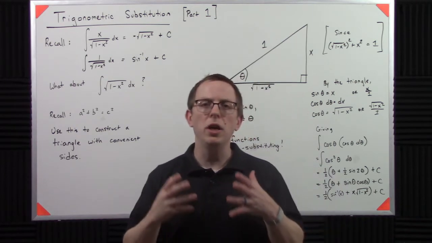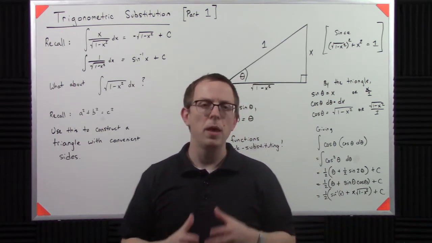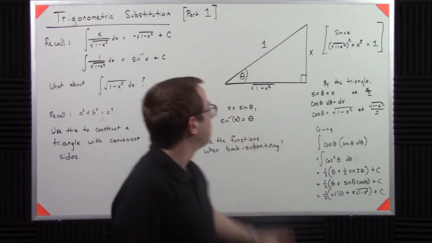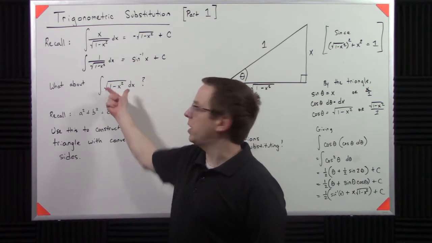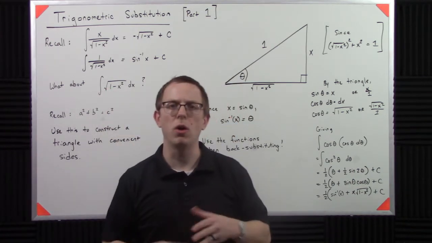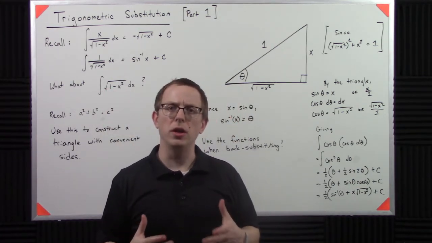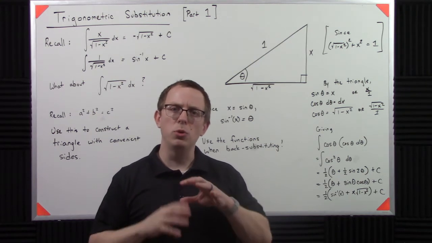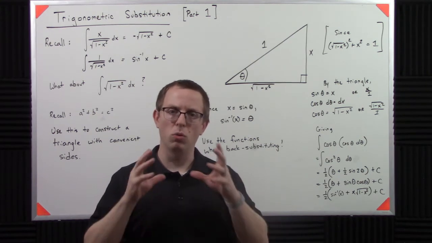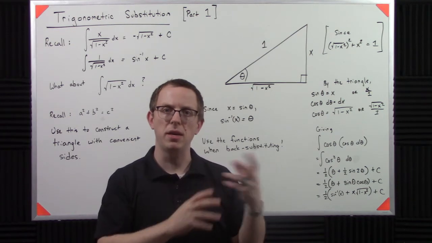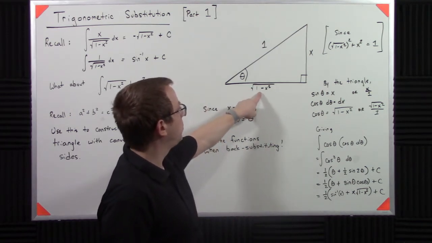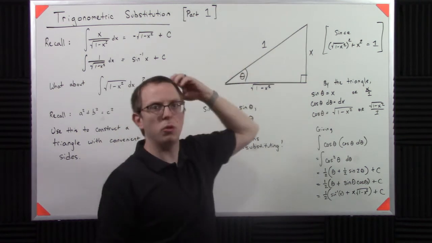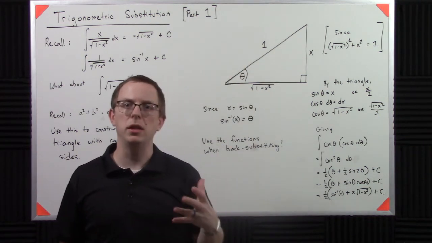So what we can do is construct an arbitrary triangle, and I'm going to pick one of the sides to be this 1 minus x squared quantity, which is kind of a weird thing to pick. But we're going to make a triangle where a, b, and c meet certain criteria. I wanted there to be a 1 here, because 1s are easy to deal with.